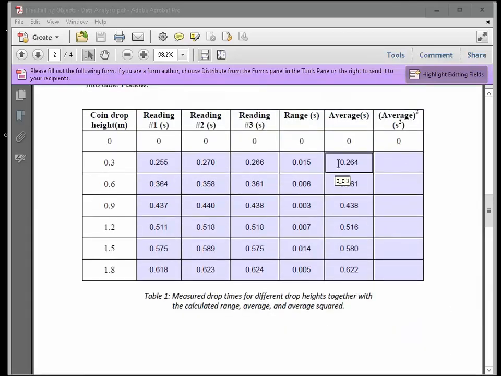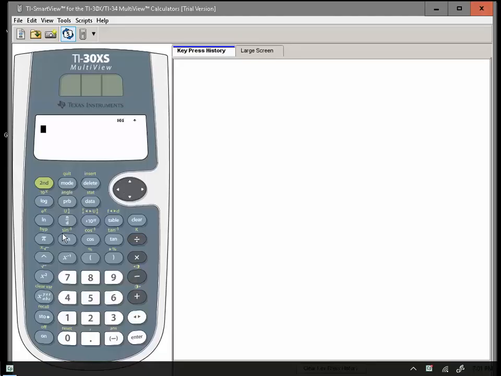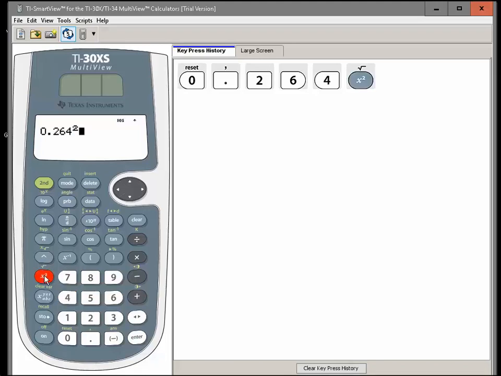For example, if we want to calculate the square of 0.264, we type 0.264. Once again, the leading 0 is optional. And then we find the square button on our calculator, press square, and on this particular calculator I have to press enter to see the result.